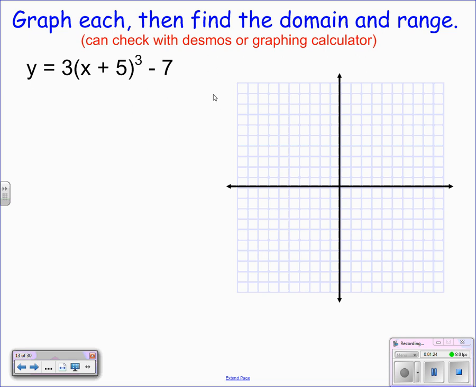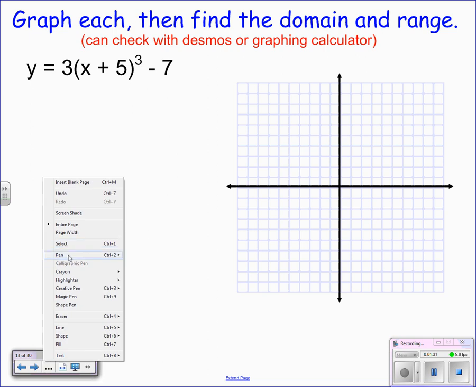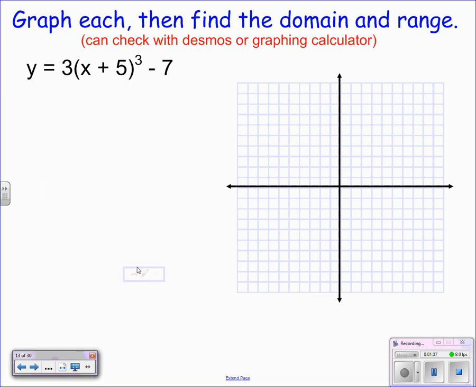So we're going to graph y equals 3 times x plus 5 cubed minus 7. So again, what I would do, like I do in most of these situations, is write the other equation directly below to establish all of the variables.